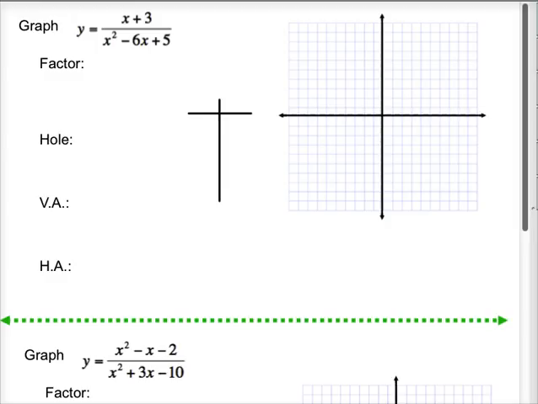Again, the key, we're always going to be factoring. So we have x plus 3. Let's look at this. X minus 5, x minus 1.